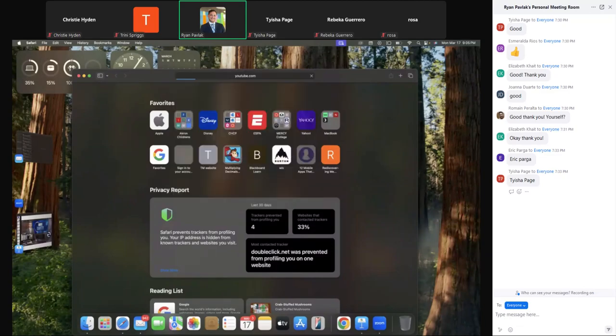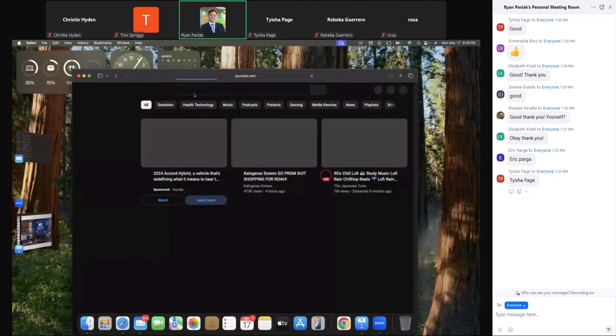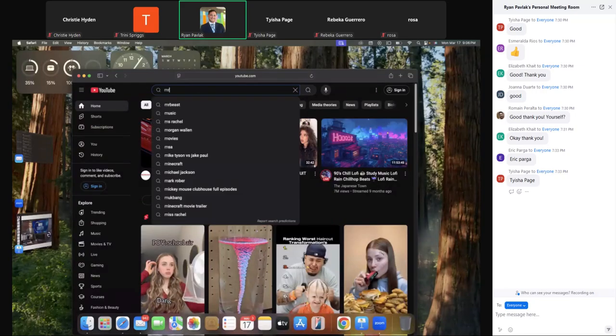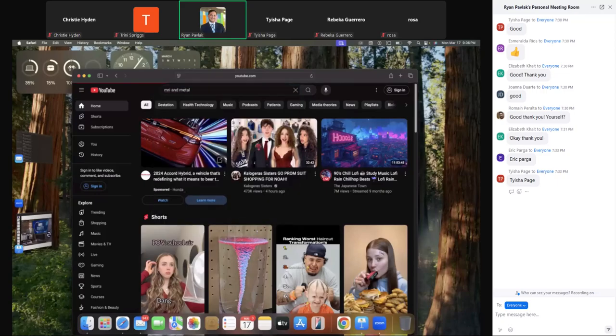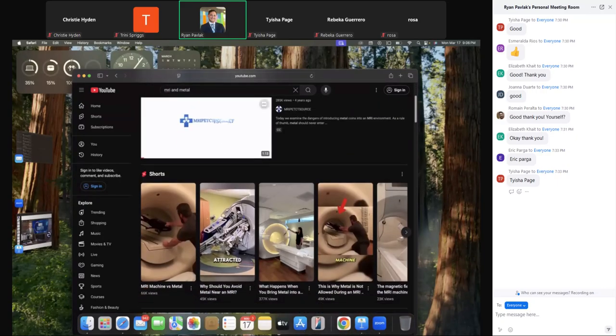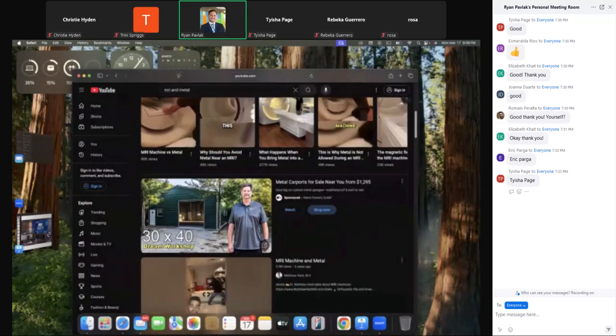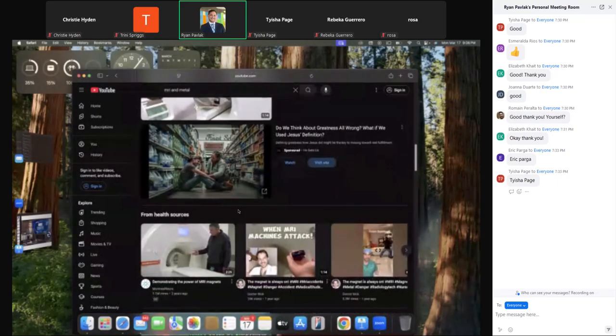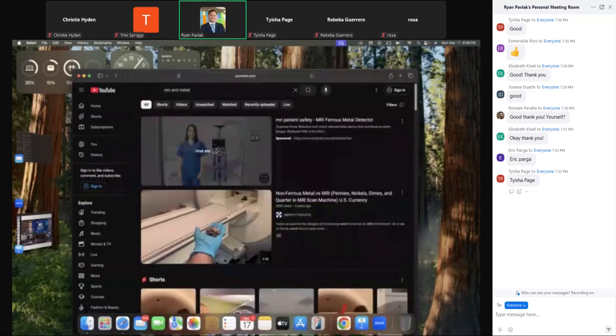So with magnets, it is a vicinity. As you get closer, it becomes more and more dangerous. Oh, what was that video called?